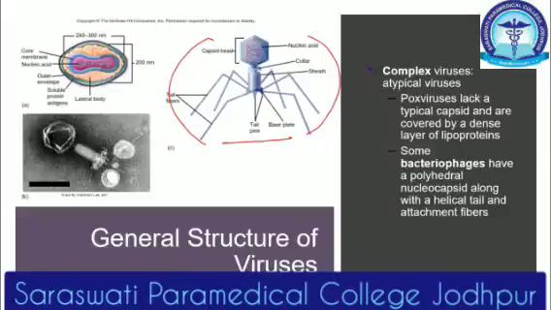They have an icosahedral head, a very thin collar, a helical sheath, and a base plate. Tail fibers are attached to it, so it's very complex with multiple components, okay. That's why we call them complex viruses, because they have multiple components all together.